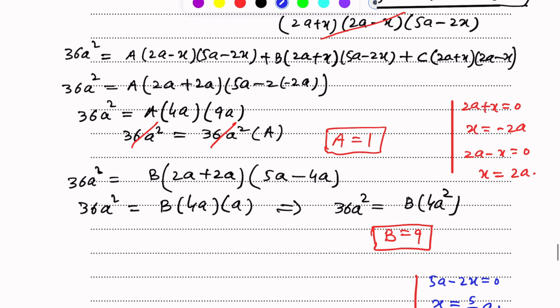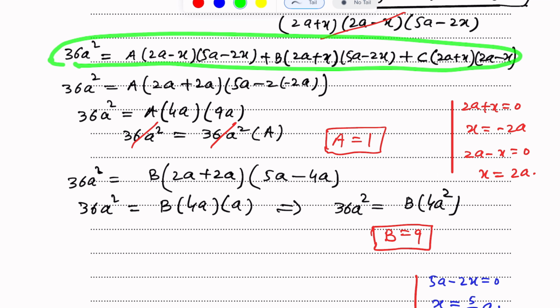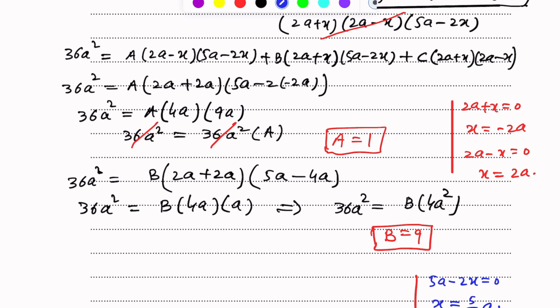Now in the same way we put x is equal to 5a over 2 in the same equation. Now we can find the value of C, because 5a minus 2x is present in the other two terms and becomes 0 there. So 36a² is equal to C into (2a plus 5a over 2)(2a minus 5a over 2).